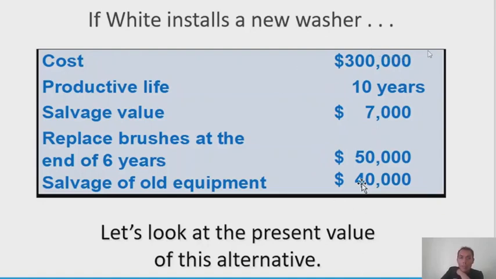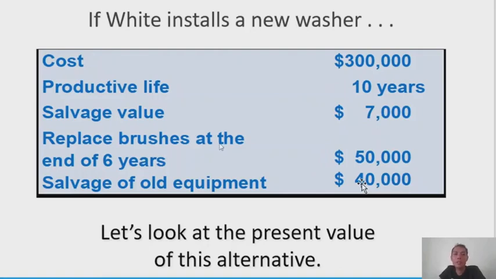Kasi ito ay puro palabas ang pera, the investment cost. And then the salvage value papasok kasi ito yung napagbentahan mo nung new washer after 10 years na may value pa siya. And then pag binenta mo yung old equipment, meron kang cash inflow, papasok ng cash. So kaya ito positive.